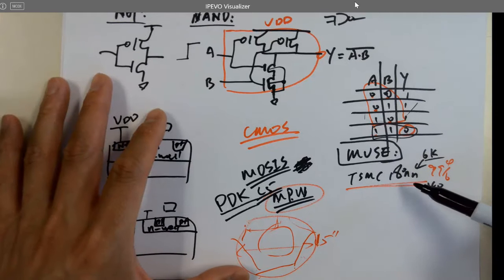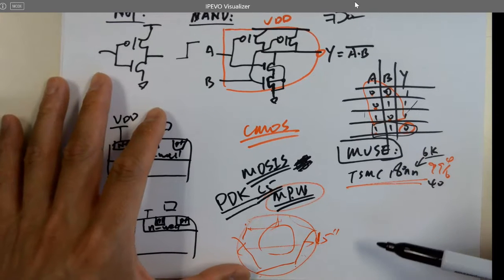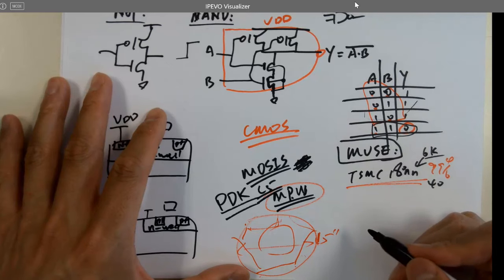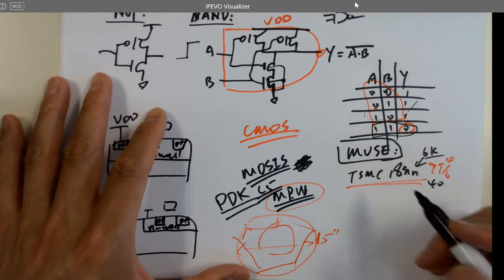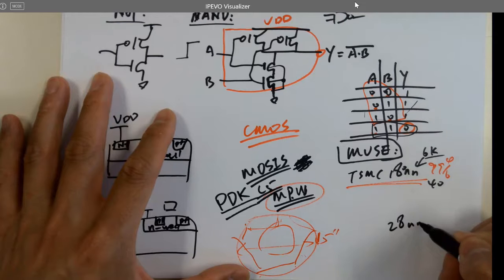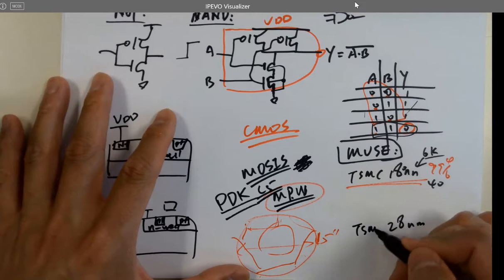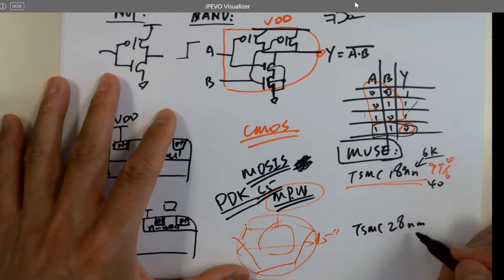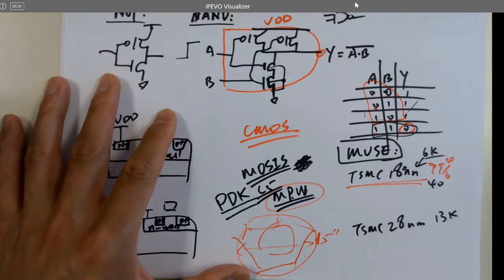And whenever it gets down to... I just saw the table today. 28, I forgot, it's still from TSMC. And this one is 13K, if I'm right. It might be more expensive than that.